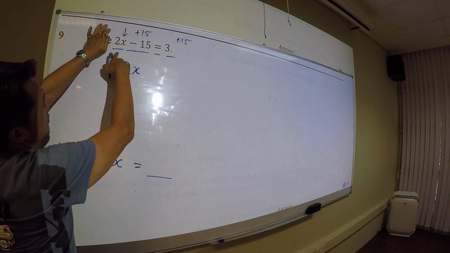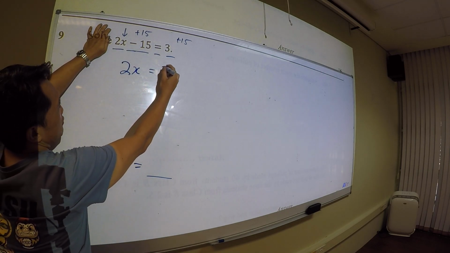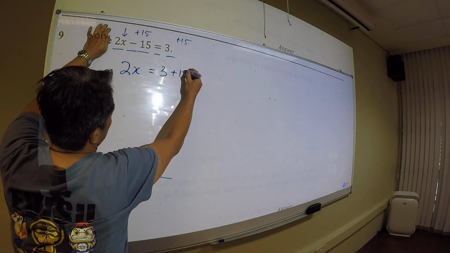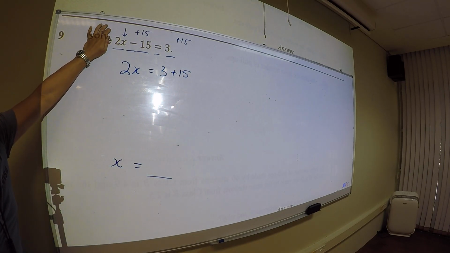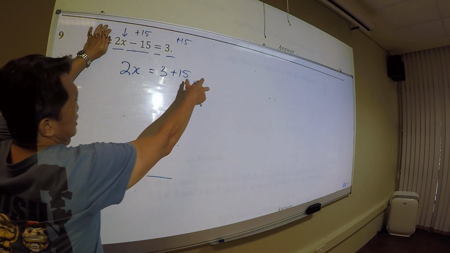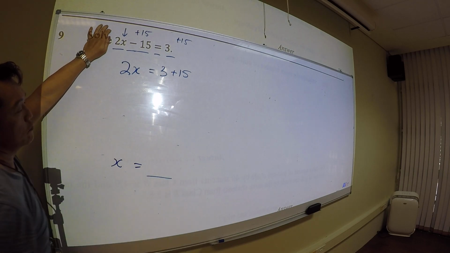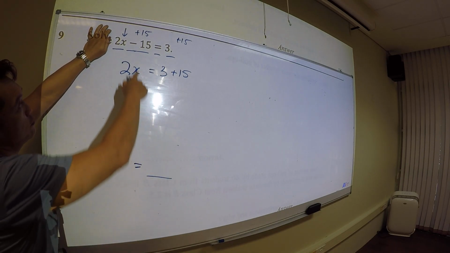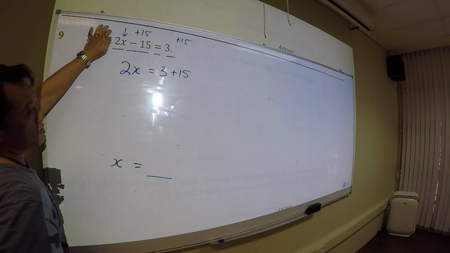So I will still have my 2x, then what is on the right hand side will be 3 plus 15. So the effect looks like I am moving the minus 15 to the other side, and changing from negative to positive. But what I'm actually doing is adding on both sides.